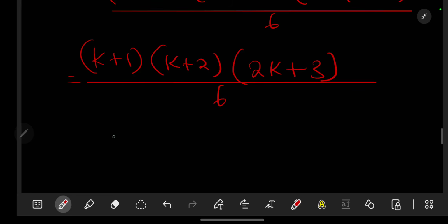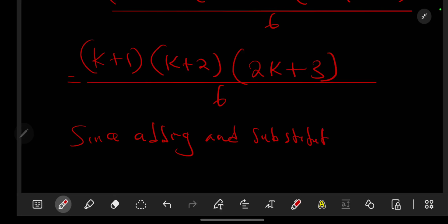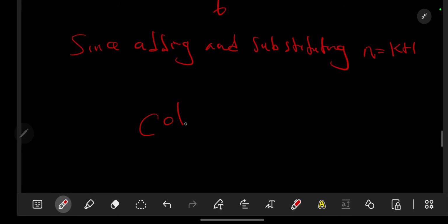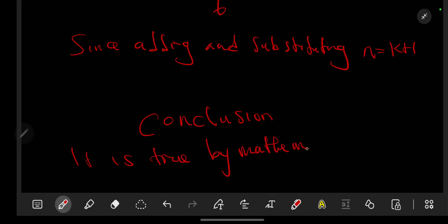So the conclusion: since adding and substituting n is equal to k plus 1, the conclusion will be it is true by mathematical induction.